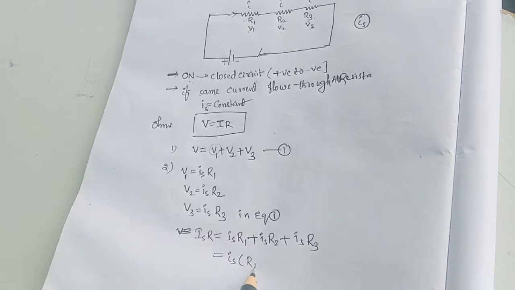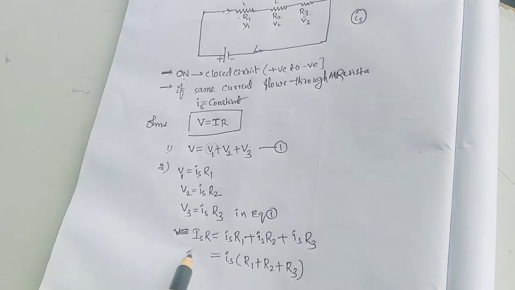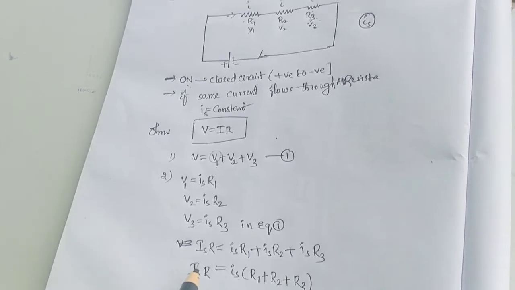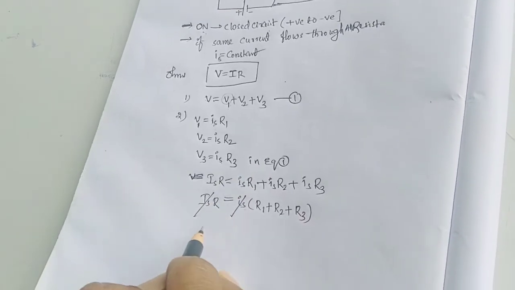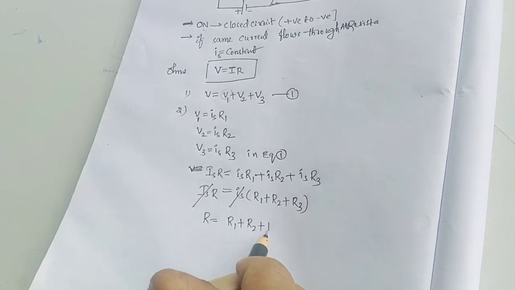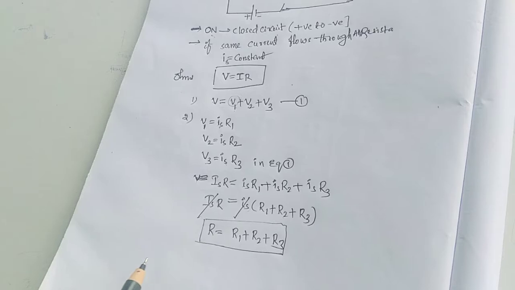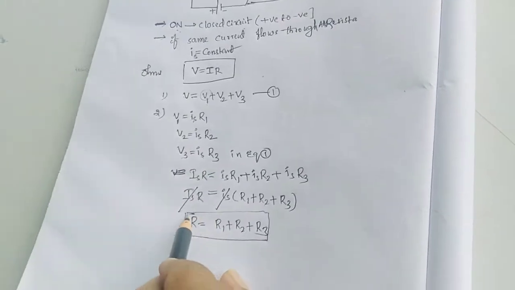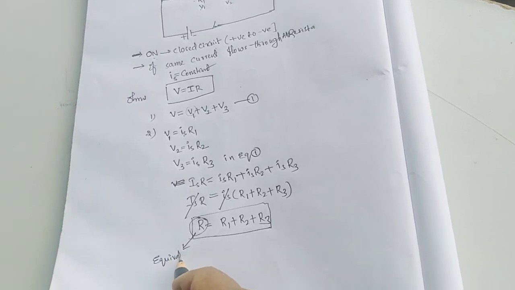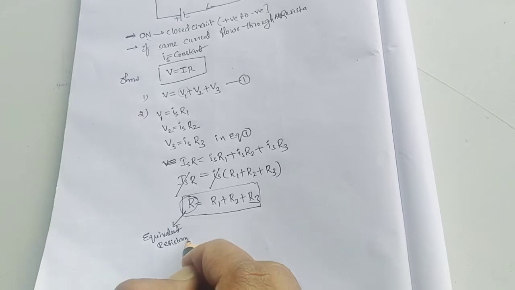So in this situation, Is R is equal to Is times R1 plus R2 plus R3. Is gets cancelled. Then R is equal to R1 plus R2 plus R3. So this is the series connection of resistors. Here R represents the equivalent resistance.